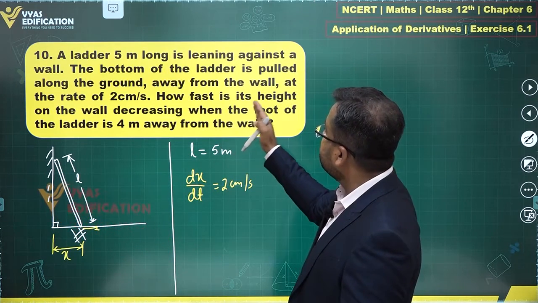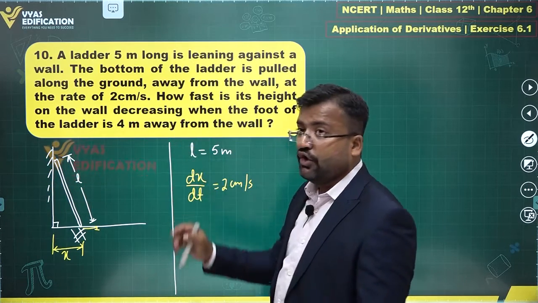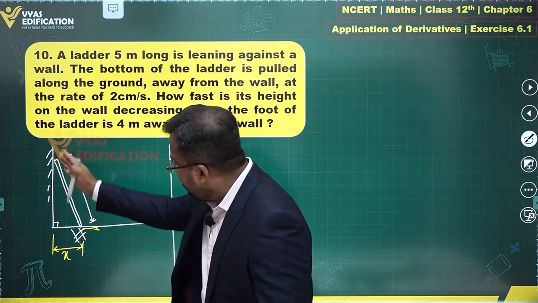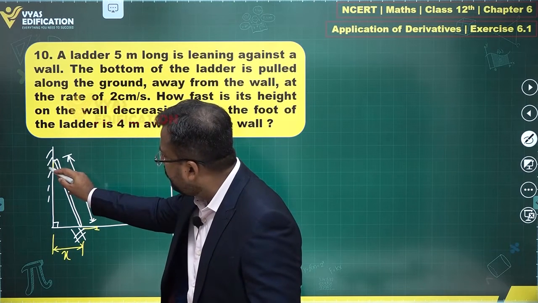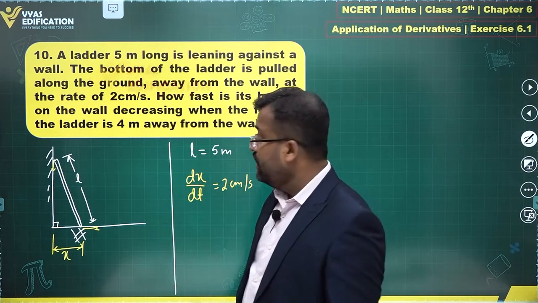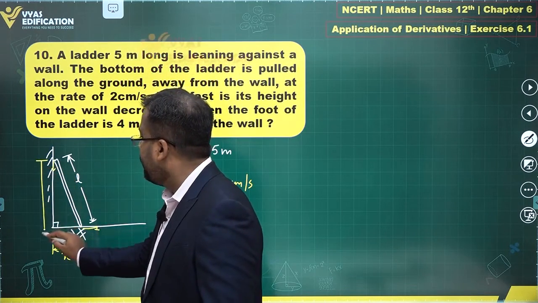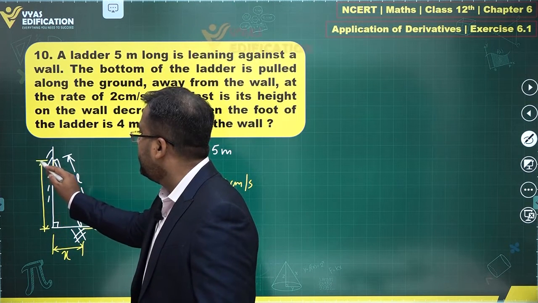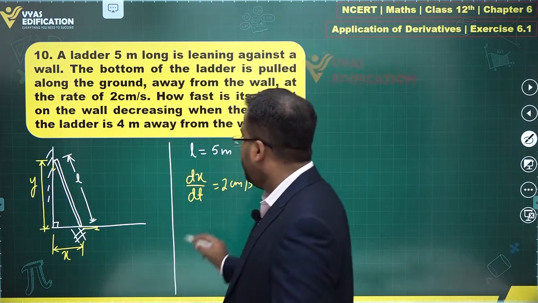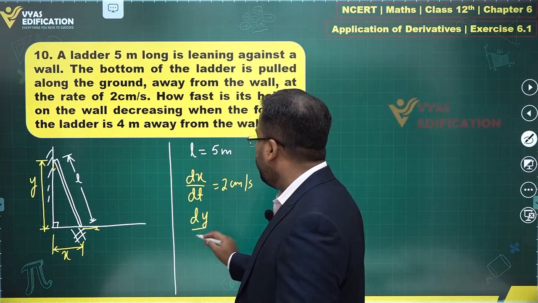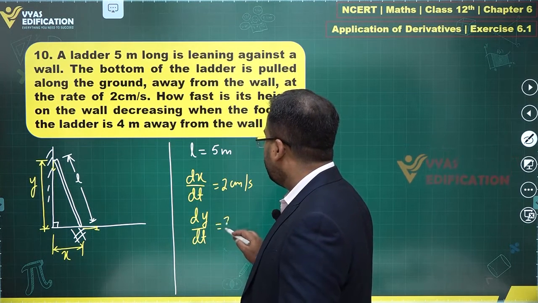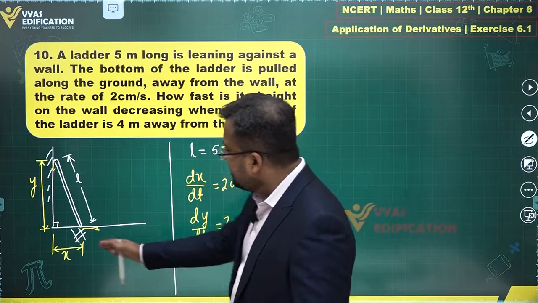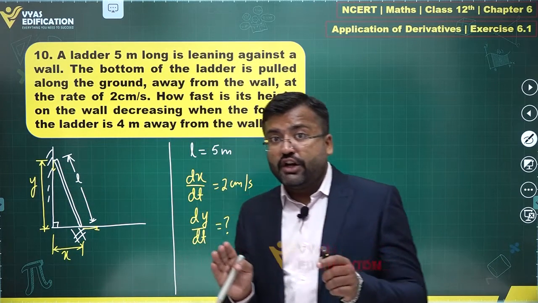How fast is its height on the wall decreasing? Okay, if you pull this away, the length of the ladder remains same. Obviously, this point will be pulled down. So this distance is important. Let's call this distance y. And what we are asked is dy by dt equals question mark. Since x will increase, y will decrease, that is something which we already know.